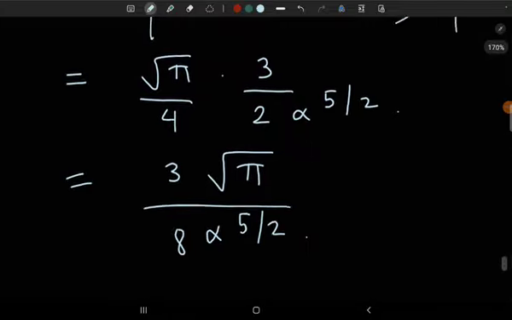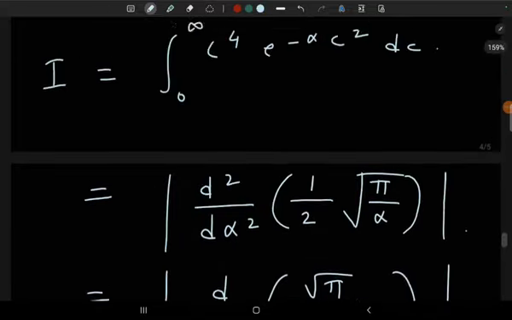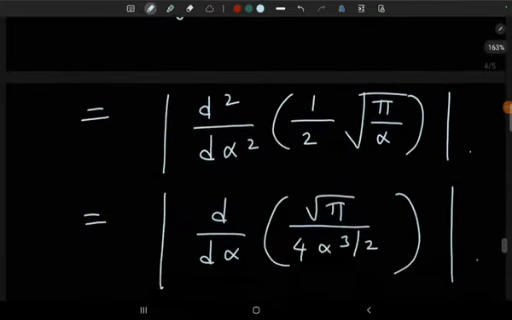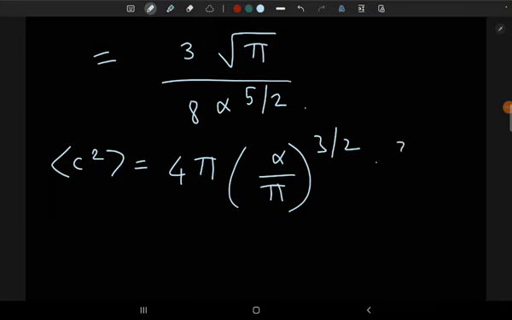So this is our expression, and when we had to find the value for the average C square, what we had to do was evaluate 4 pi alpha by pi whole to the power 3 by 2, 3 root pi by 8 alpha to the power 5 by 2.